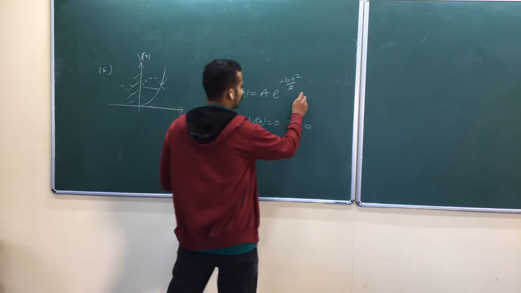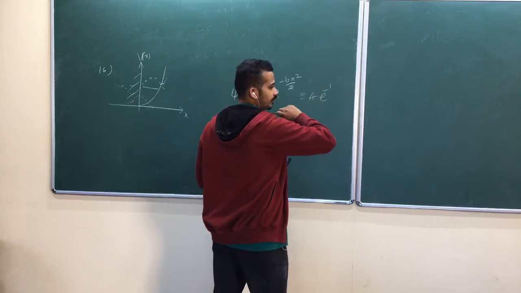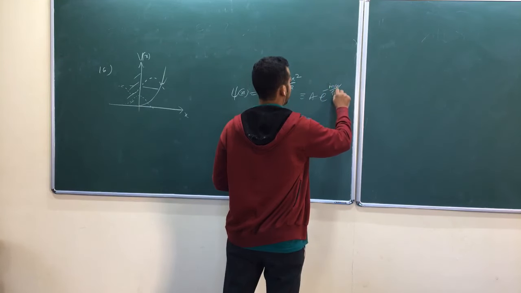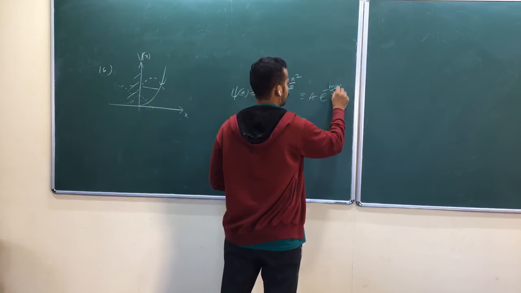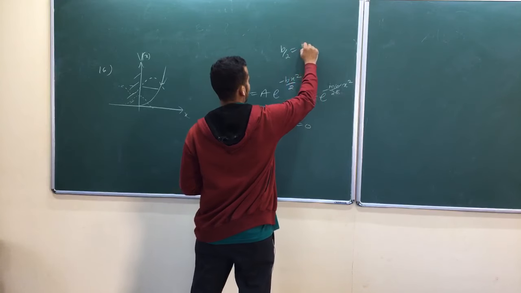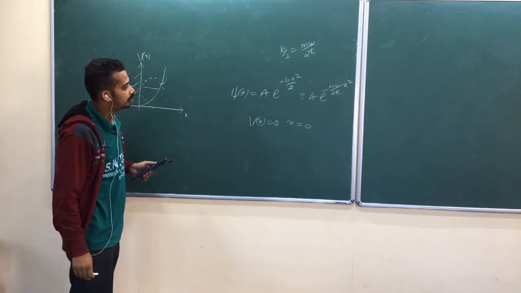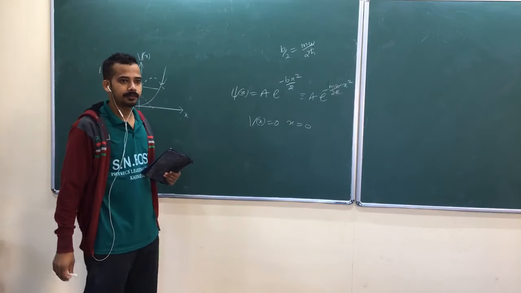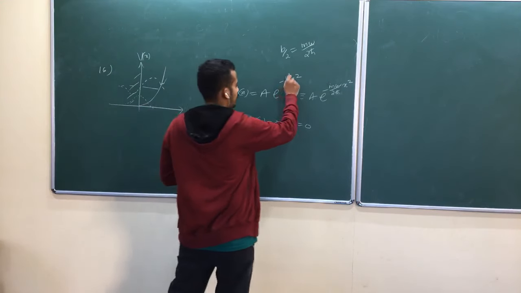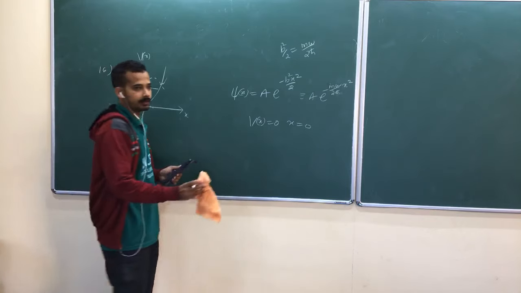So now equate this to A e raised to minus m omega by 2 h bar into x square. Now, b by 2 should be equal to m omega by 2 h bar. Are you getting my point?